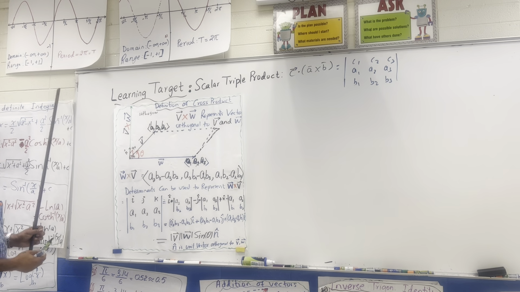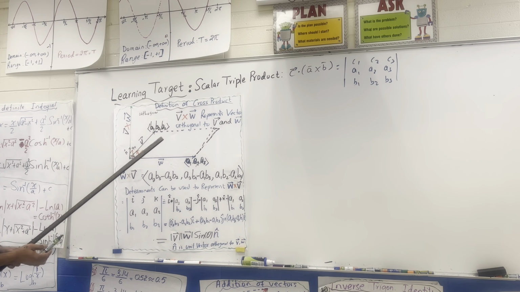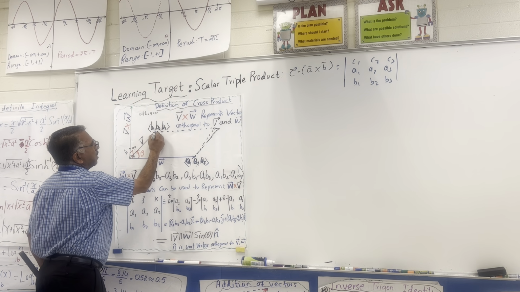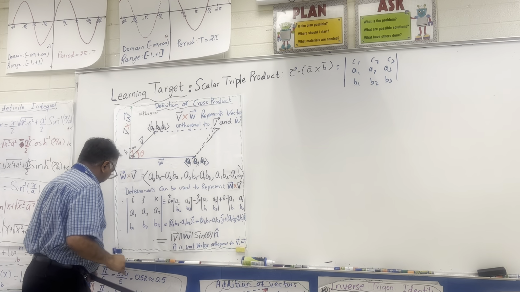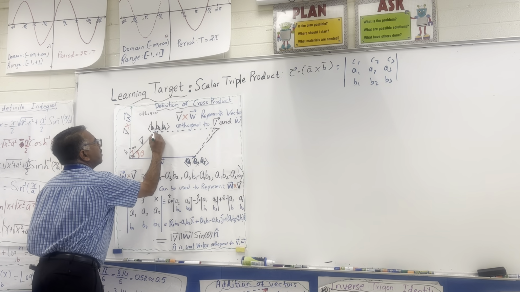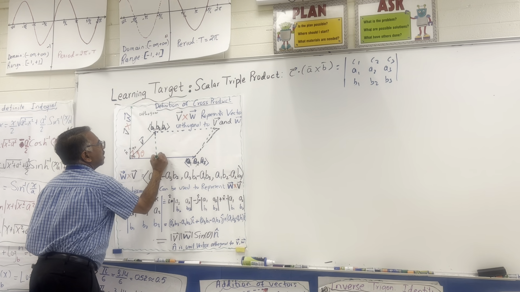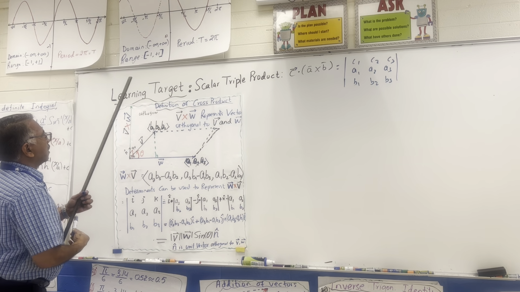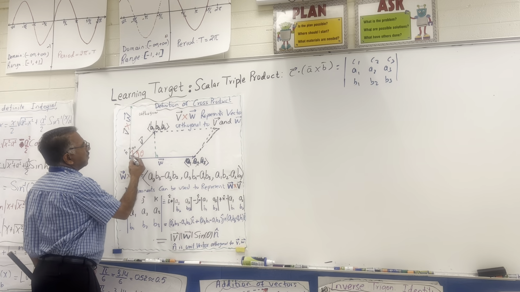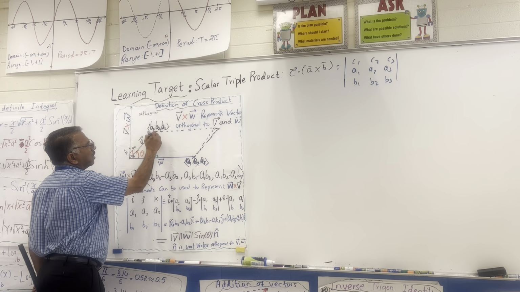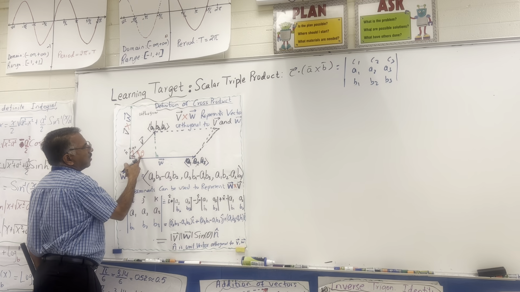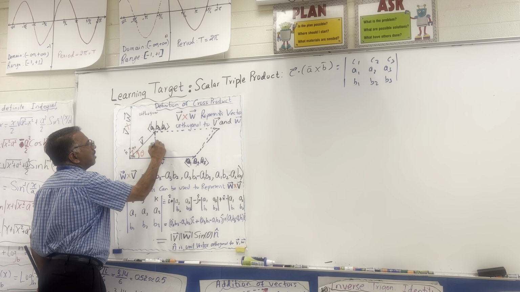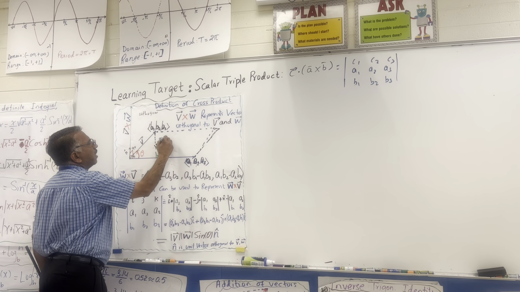okay. So this area, we've seen that if I drop a perpendicular from here, the area of the triangle is base times the height, and because this angle is theta, the height becomes the magnitude of V times sine theta.